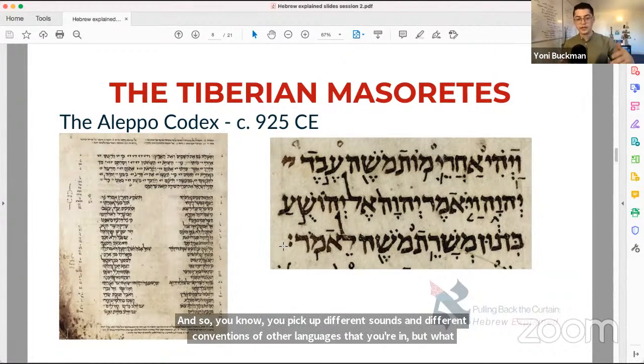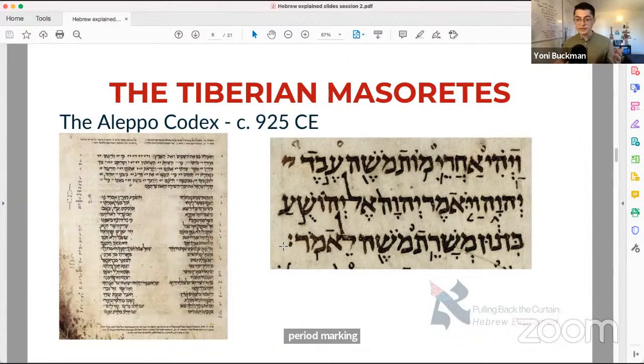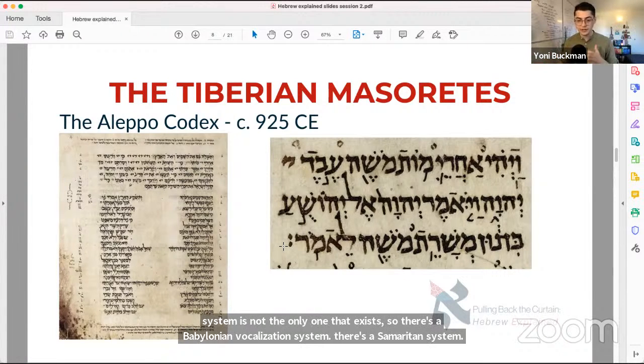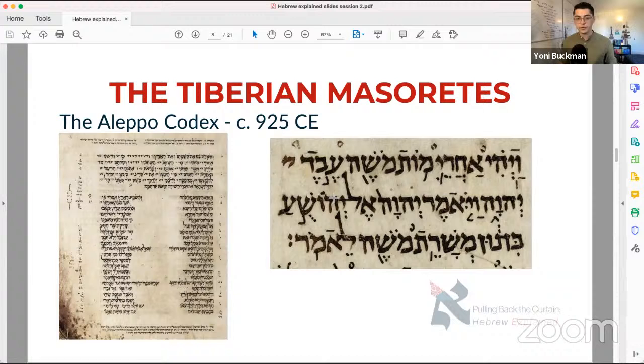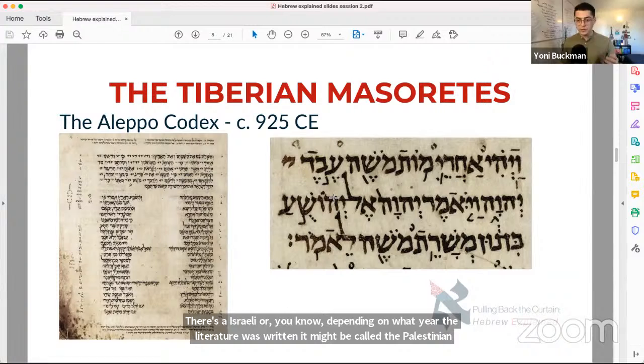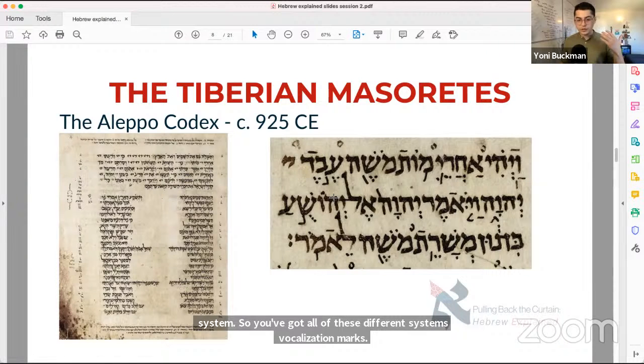What's also funny or ironic about the Tiberian system, which is the system that we have today, all of these vowel signs that you see here under the words or under the letters, those are the vowels that we use in modern Hebrew. When you look above and below, when you see these cantillation marks or ta'amim or trope marks, these are the ones that we use. What's ironic is that we now don't use their markings to make the sounds that they were making, right?